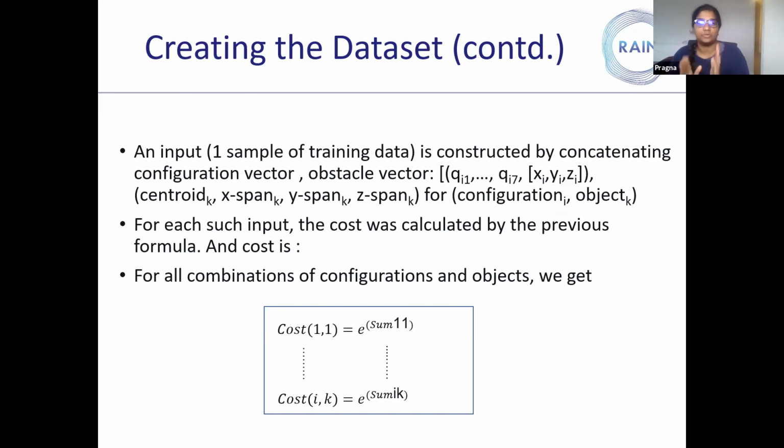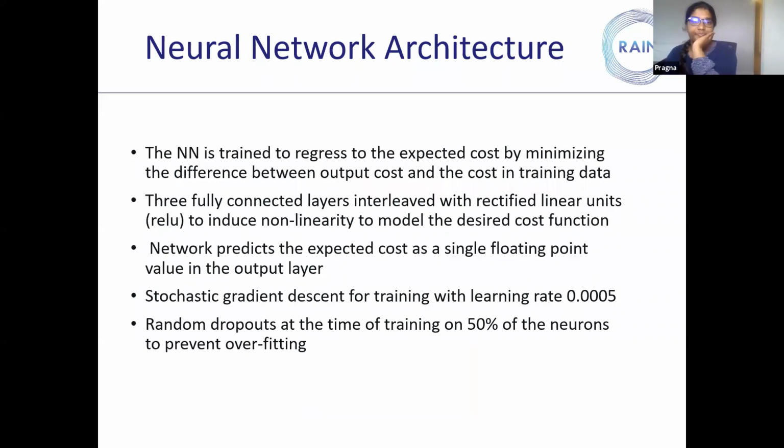So here in one sample of training data, we have the input joint positions, we have the centroid positions. Given these two, we create the ground truth by the previous method. And now we have a sample. So we have the ground truth for each set of configurations and the centroids. So we train the neural network to mimic this function, which is the cost of collision.